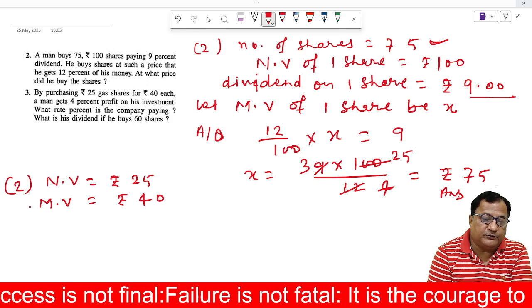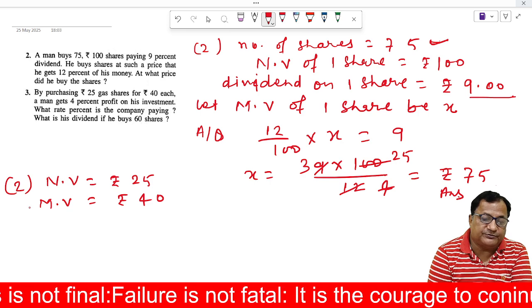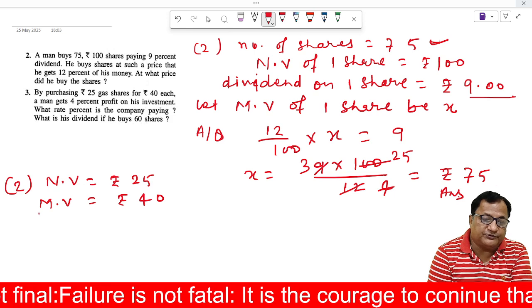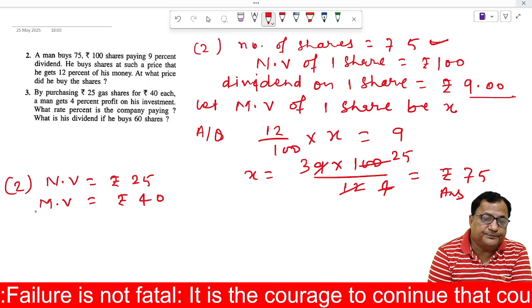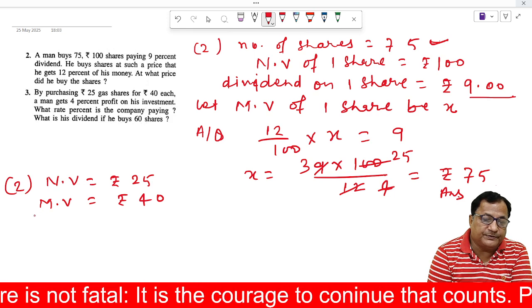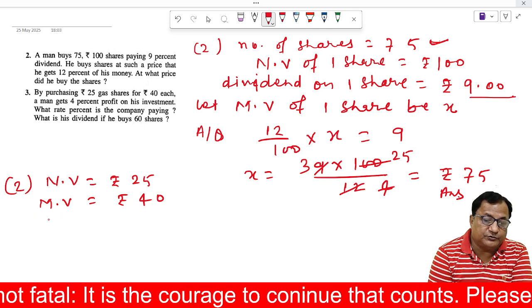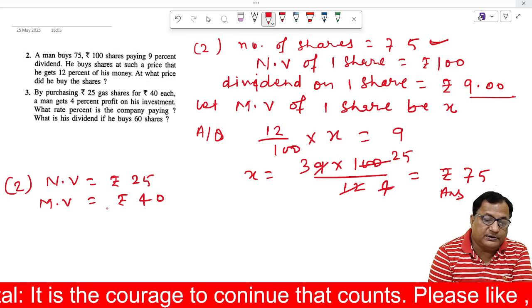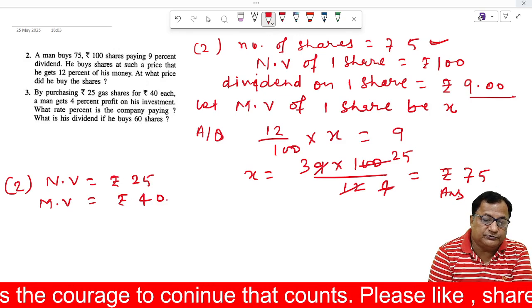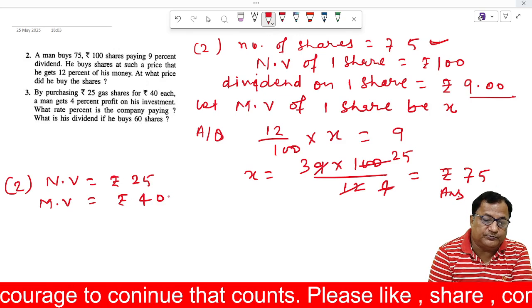A man gets a 4% profit on his investment. 4% profit means on investment. Suppose he had bought one share, so the market value is 40.